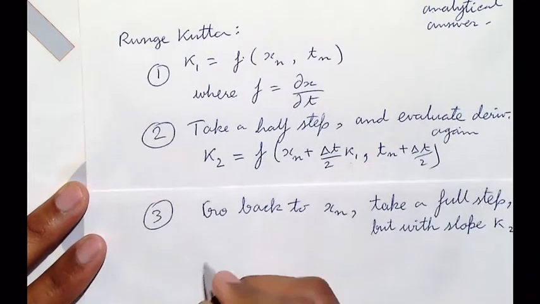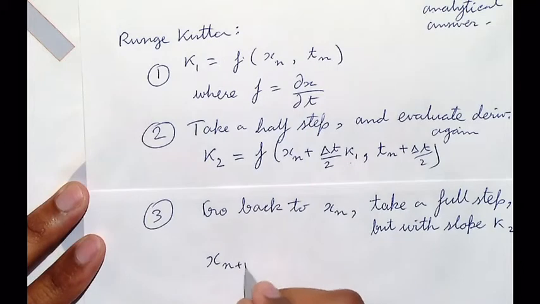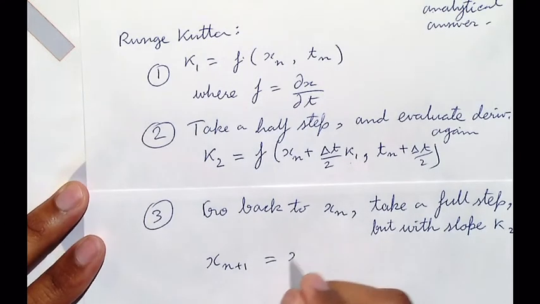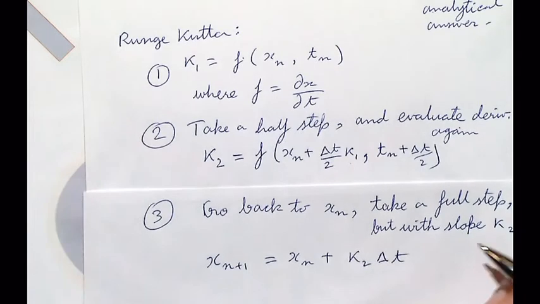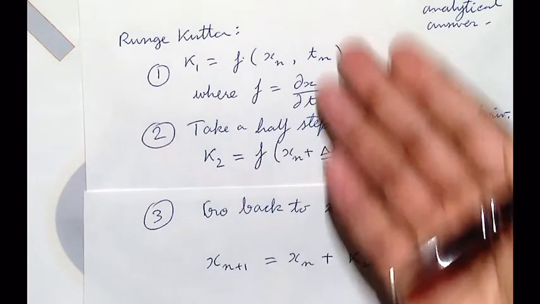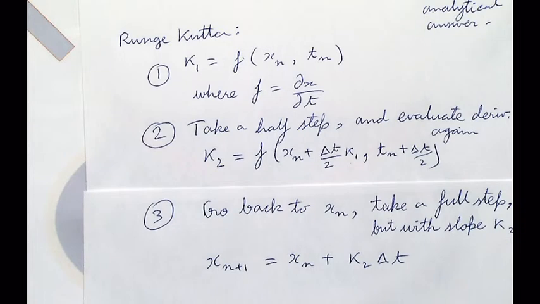So what that means is my new xn plus 1, which is what I'm after, is just xn plus K2 delta t. Again, K's are the derivatives, which in our particle tracking case is just the velocity. So that's what this means.